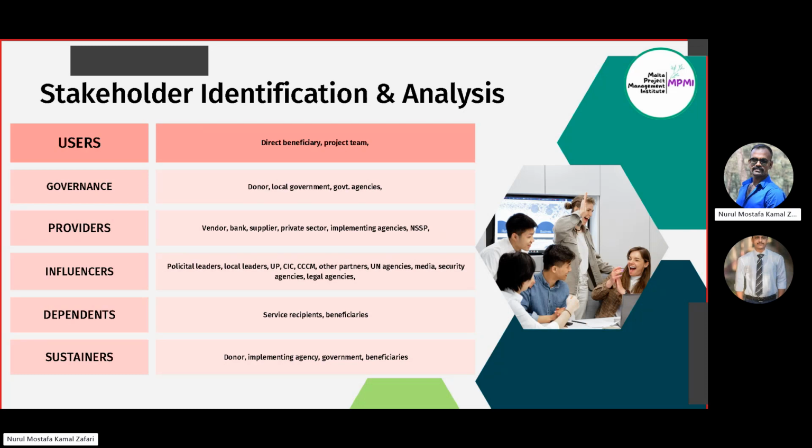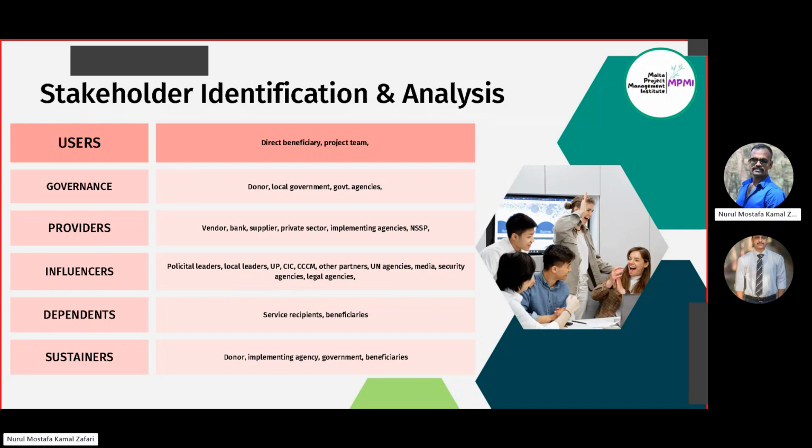They all have influence on the project. Dependence: you will see some dependency in a project, who depends on project success or the project activities. They can be the service recipients, the beneficiaries, the rights holders. Sustainers are people who will be the future sustainer of the project. They can be the donor, the implementing agency, in some cases the government, in some cases the beneficiaries.